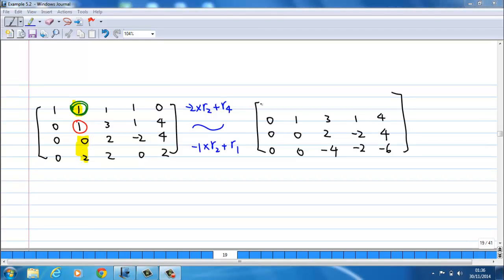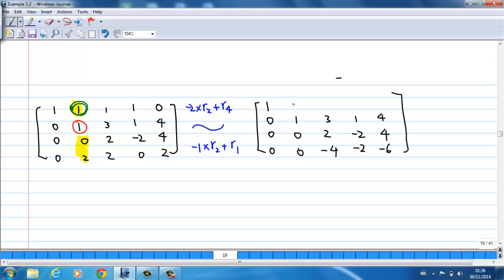In order to get a 0 in the first row, second column, I can take second row times minus 1, add it to the first row. Then the first row becomes 1, 0, minus 3 plus 1 is minus 2, minus 1 plus 1 is 0, minus 4 plus 0 is minus 4.